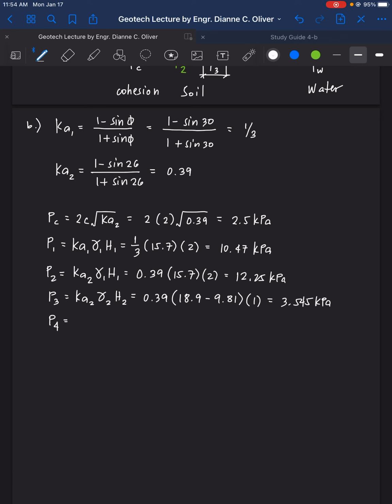That is equal to gamma water H2. So 9.81 times 1. So this is 9.81 kilopascal. Okay, so let's go now to the forces.